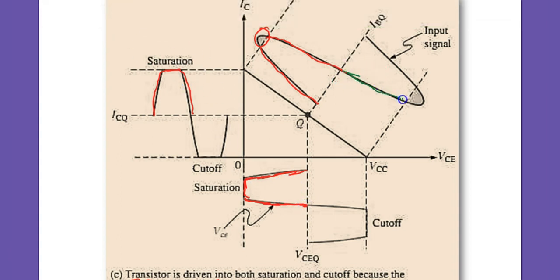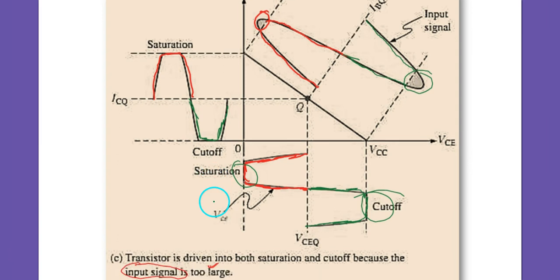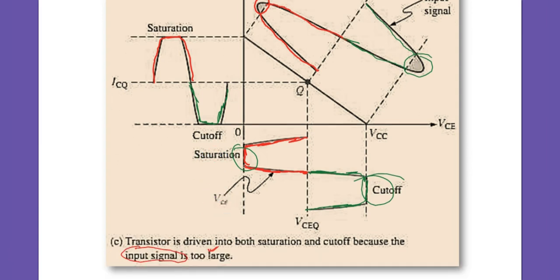Here again some portion is going to cutoff. So the signal is clipped from both sides because it is going into saturation and cutoff, because the input signal is large, even though the Q point is at the center.